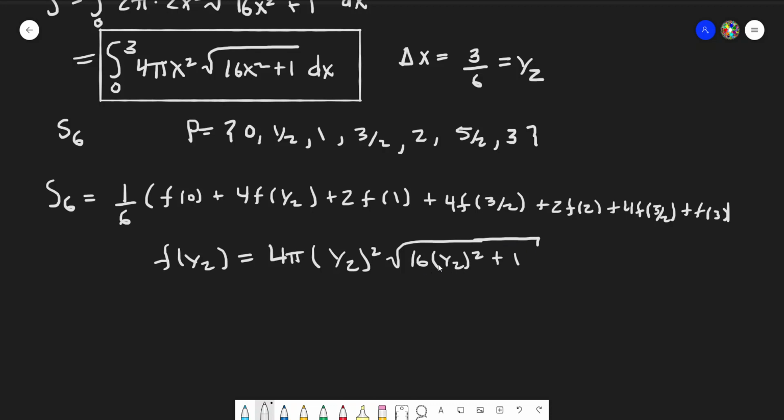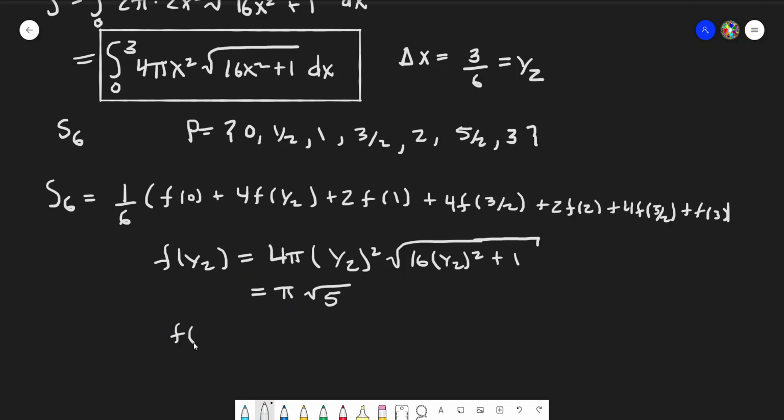Basically that's going to give you 5, so it's going to give you pi times root 5. So I have my f of 1 half. But notice that you need to multiply by 4 pi, or 4, and it's up to you how you want to interpret it.